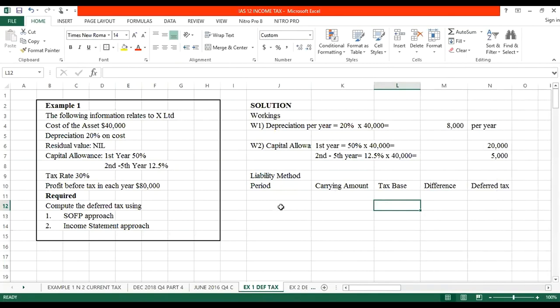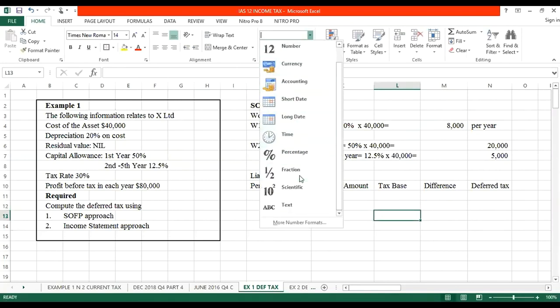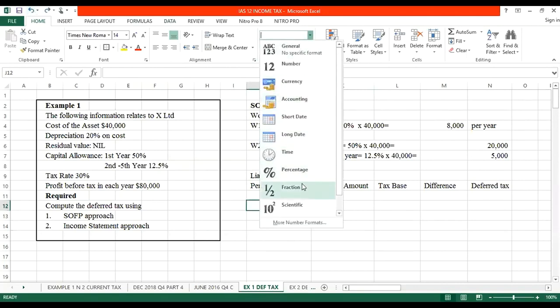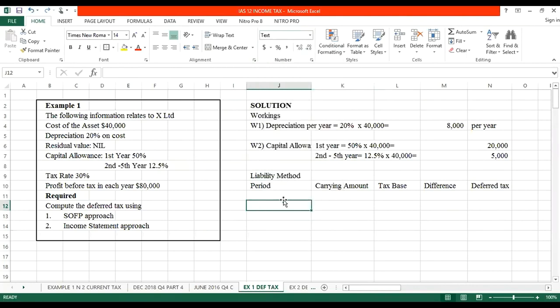So the year of acquisition of the asset is called year 0. So we have year 0.